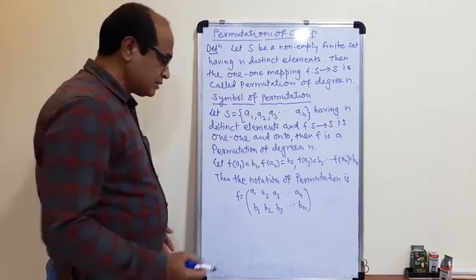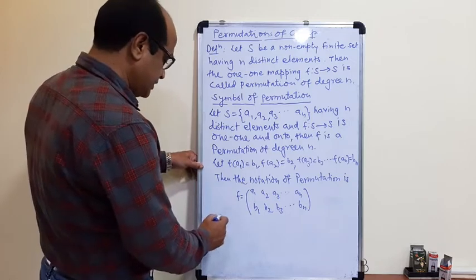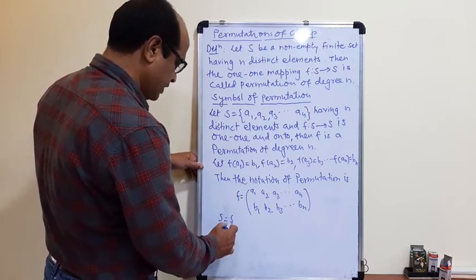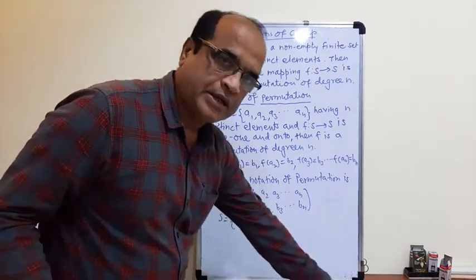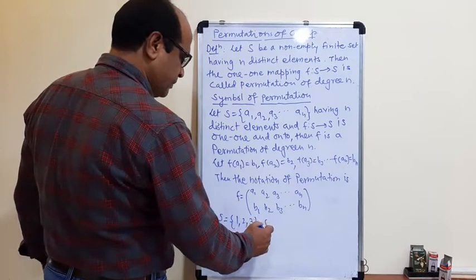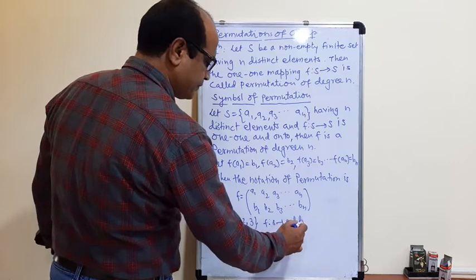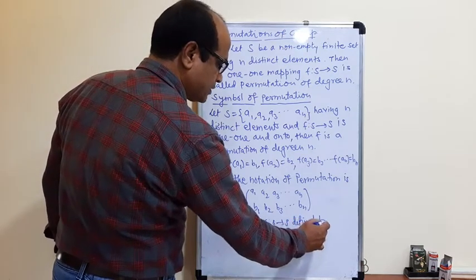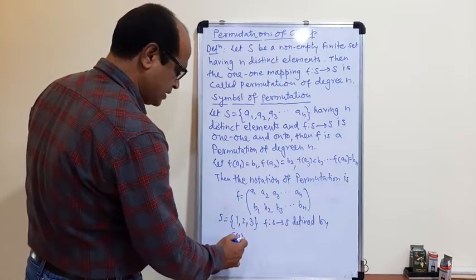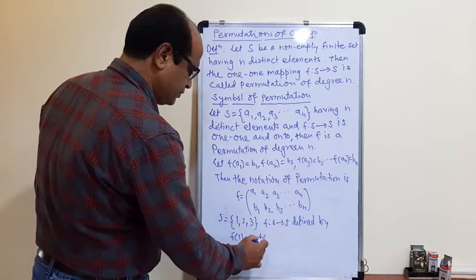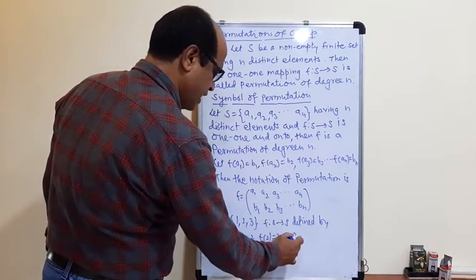So we can write an example. We take S equal to the set {1, 2, 3}, and F is the function from S to S defined by F of 1 is equal to 2, F of 2 is equal to 3, and F of 3 is equal to 1.